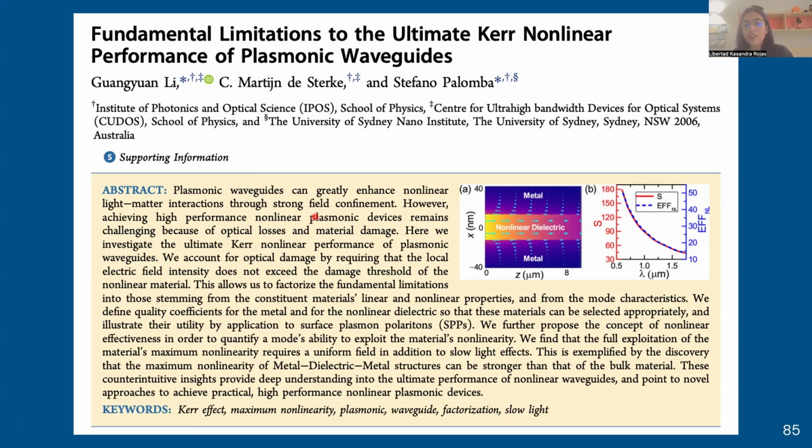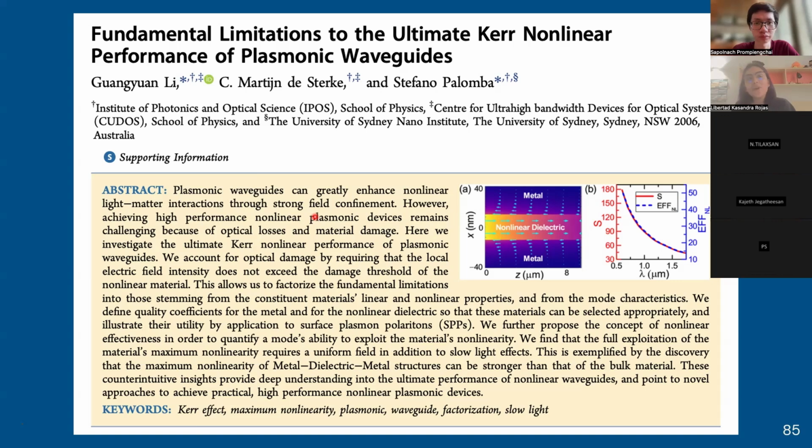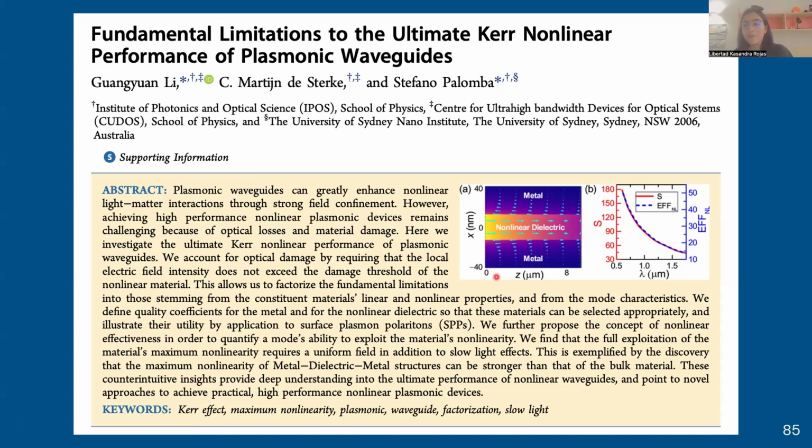You can have shorter, but in general, you want your light to travel as long as possible. Not as long as possible, but an optimal length at which you have optimal nonlinearities, I think this paper will answer. So that is what you want in terms of propagation. And you can get losses not only in metals, but also in different types of materials, such as two-photon absorption, which appears in a lot of nonlinear materials too.